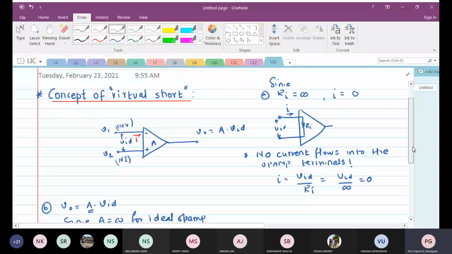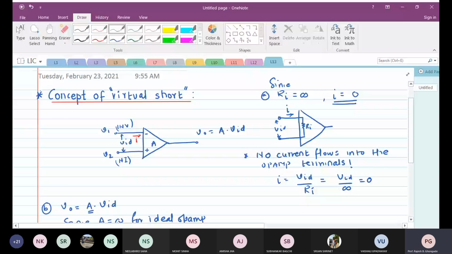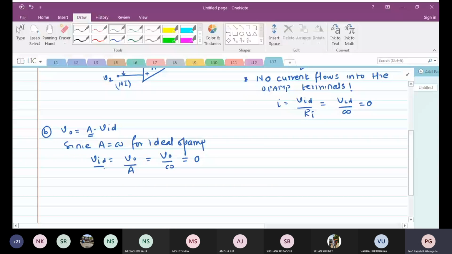Look at these two things. I is equal to 0 here. VID is equal to 0. When do we have zero voltage difference between two points? When the resistance is 0, as somebody said correctly, then the potential difference between those points is 0, right?